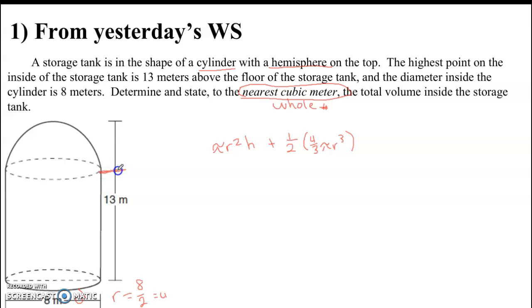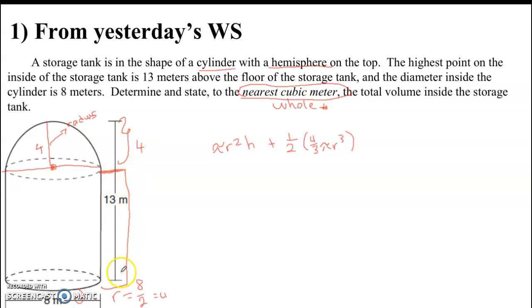Now, here's the tricky part. We need this piece going down to here. We know that the diameter is 8, so the top here would also be 8. If I draw the center, this here is my radius. My radius is 4, so from here to here is 4.